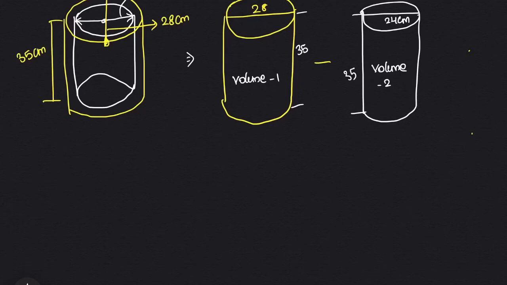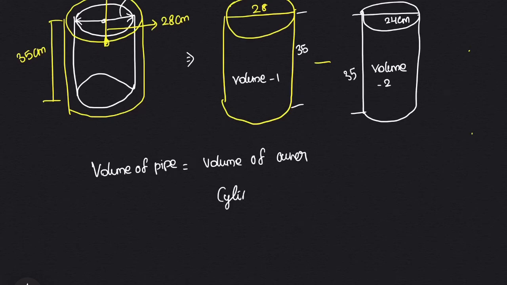The formula is volume of outer cylinder minus volume of inner cylinder.